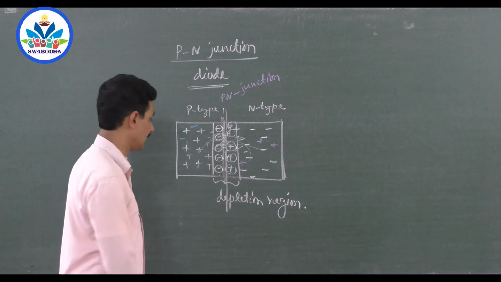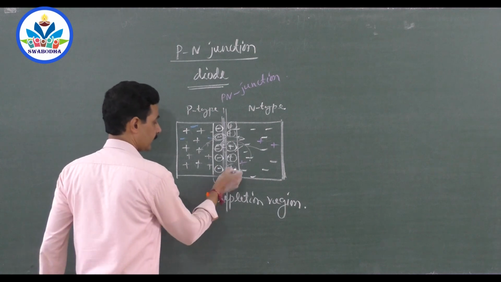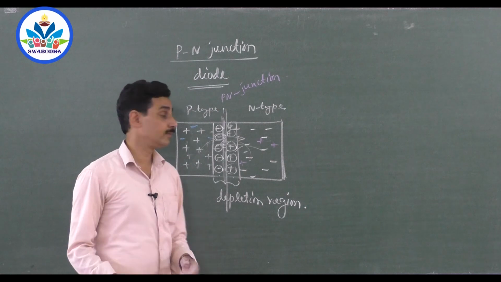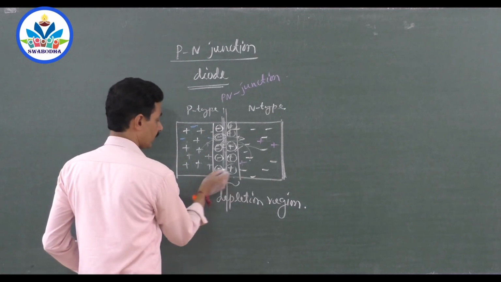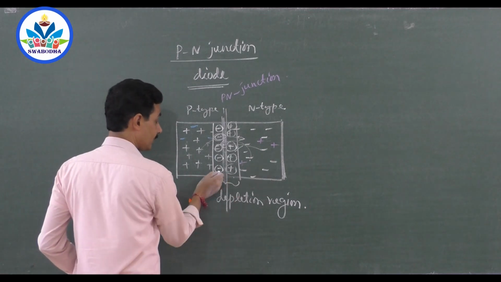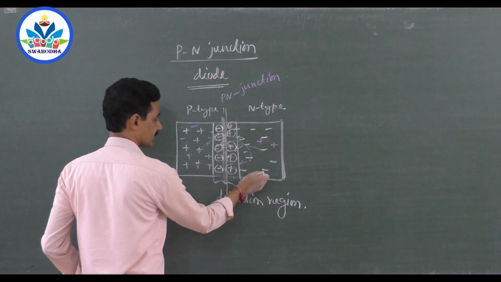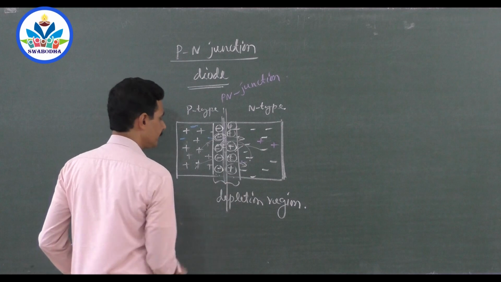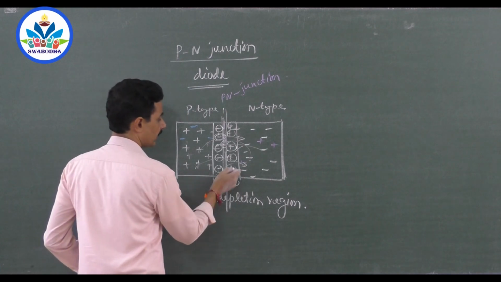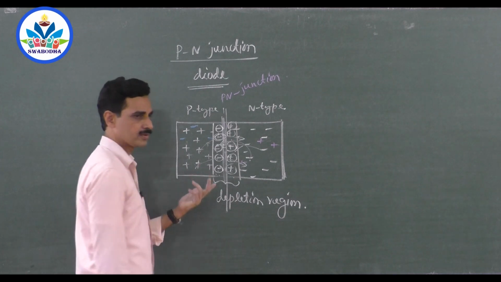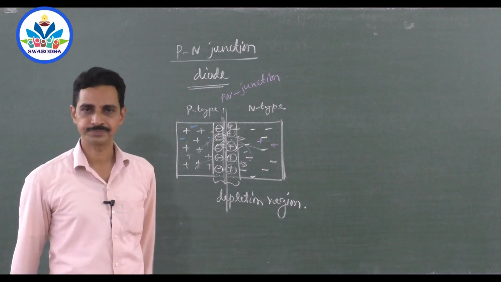What do you mean by potential? A negatively charged side and a positively charged side will act like a battery, and that battery will avoid. Suppose another electron wants to come here, it has to overcome the repulsive force of all these negative charges. Suppose a hole wants to go here, it has to overcome the opposition from all these positive ions. It is not possible, migration stops.